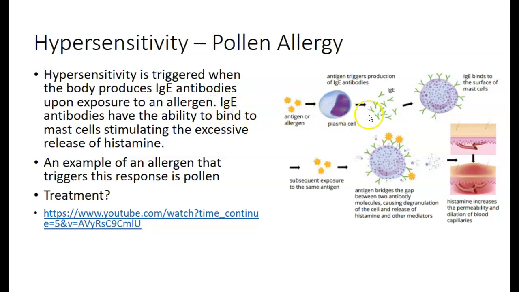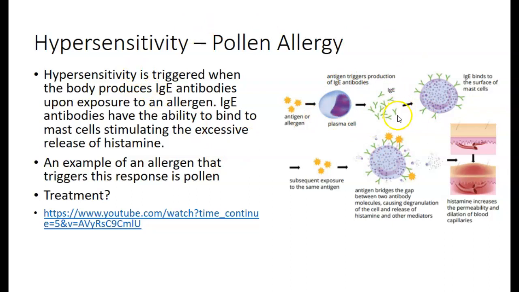So now that means that IgE antibodies are released in your body every time you're exposed to this allergen, which is fine on the first exposure because those antibodies work pretty much the same. They will attach to the pollen and it will be eliminated from the body, digested by phagocytes, normal run-of-the-mill response.